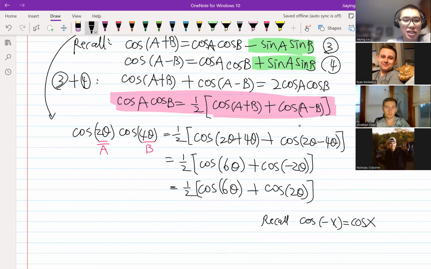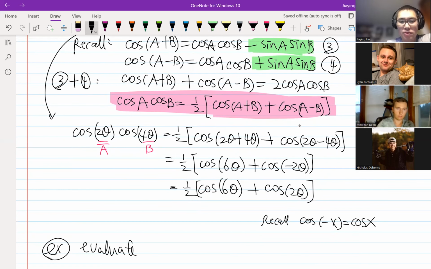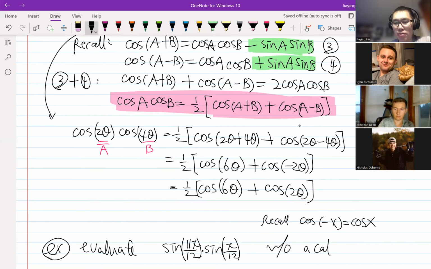All right, so the next example I have is we're going to evaluate sine 11 pi over 12 times sine pi over 12. And obviously no calculator, we want to find the exact value.